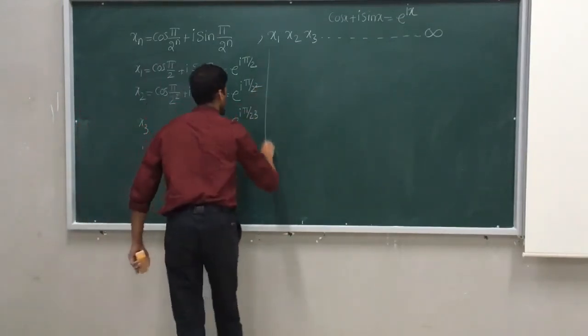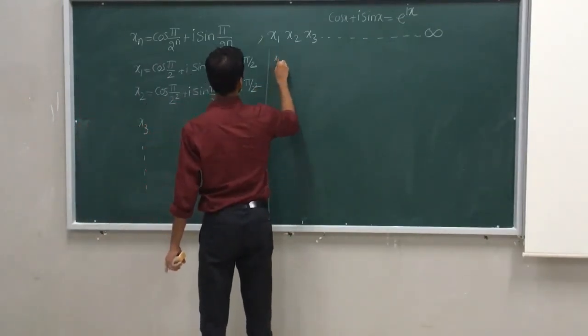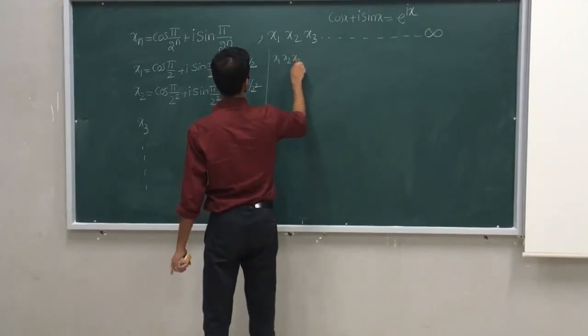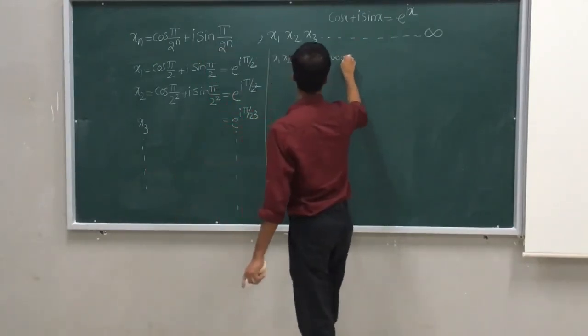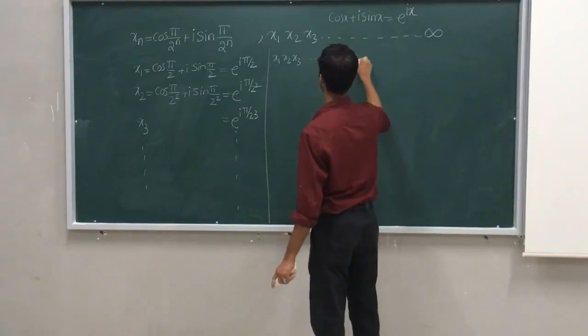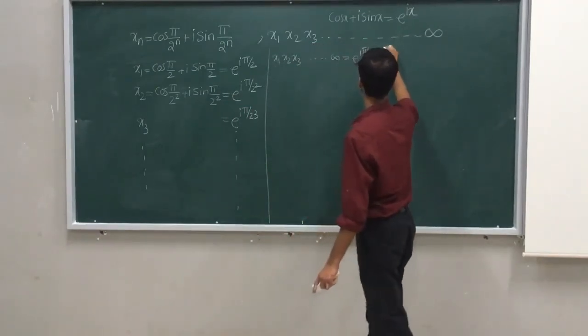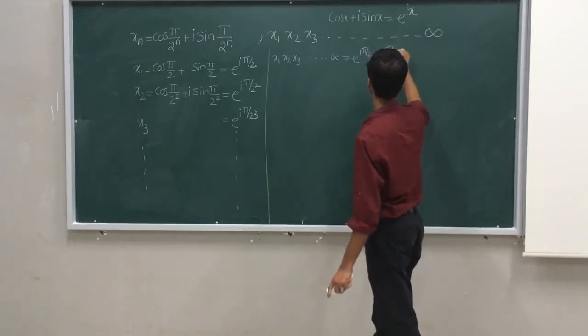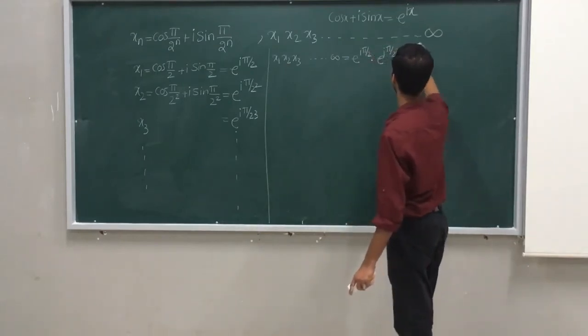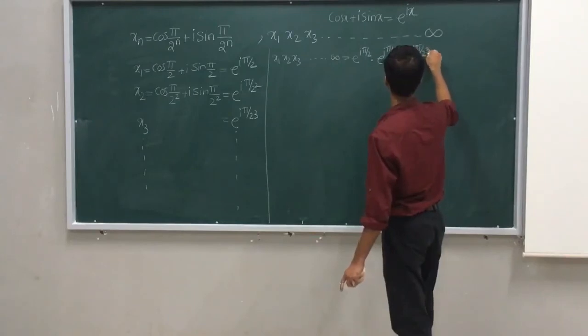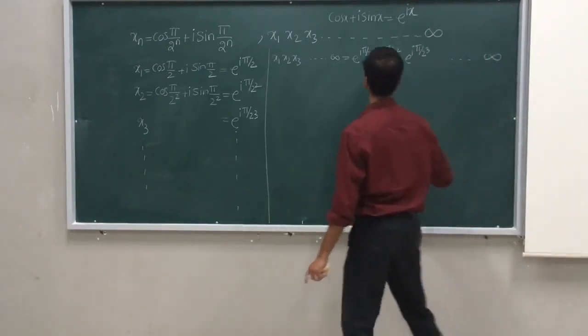Now come to this. Now I consider x1, x2, x3 up to infinity. What is that? e power i pi by 2 into e power i (pi by 2) square, e power i (pi by 2) cube, and so on up to infinity.